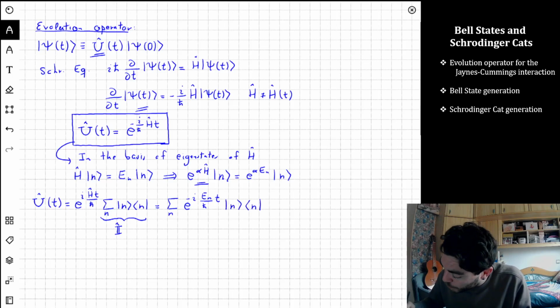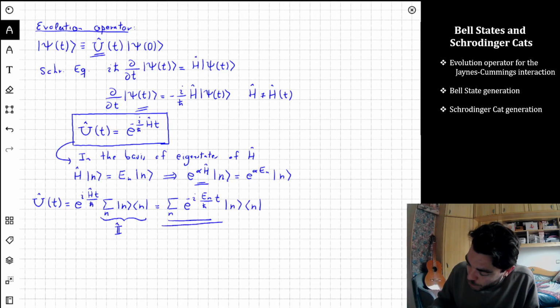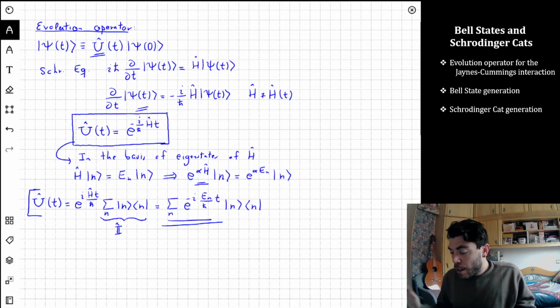So this is a very simple way of finding the evolution operator of the system in the basis of the eigenstates of a system. So this is general.